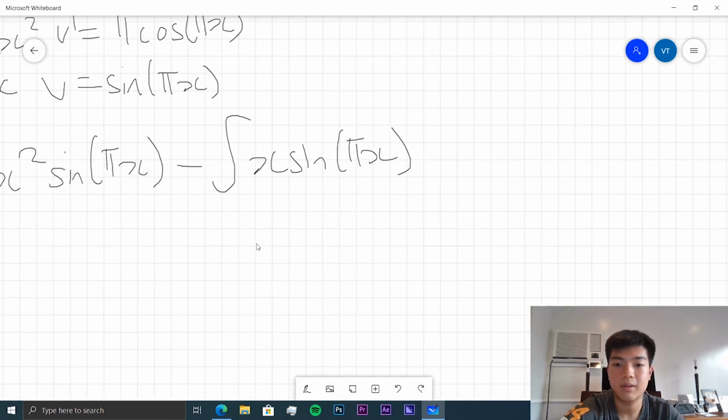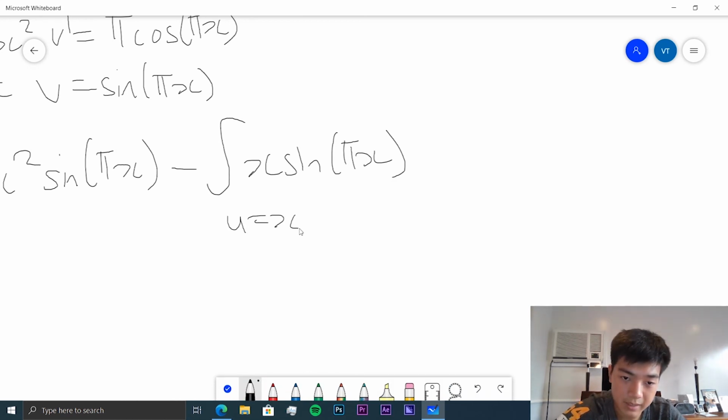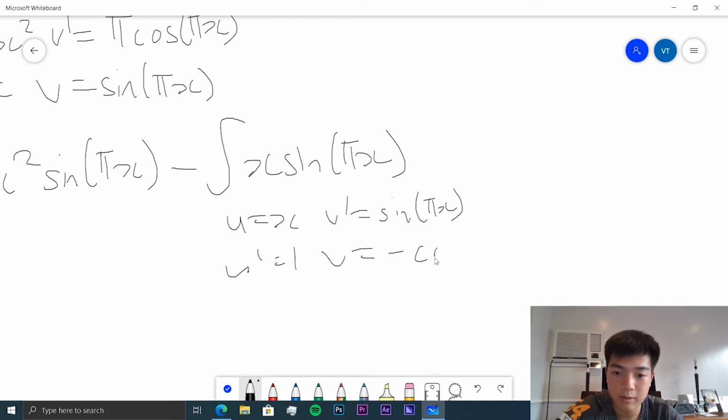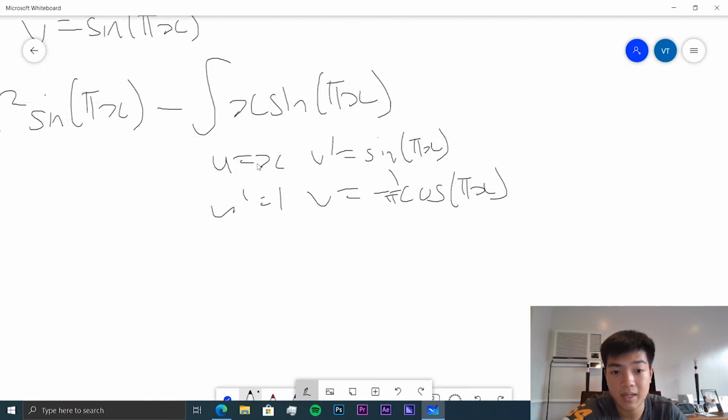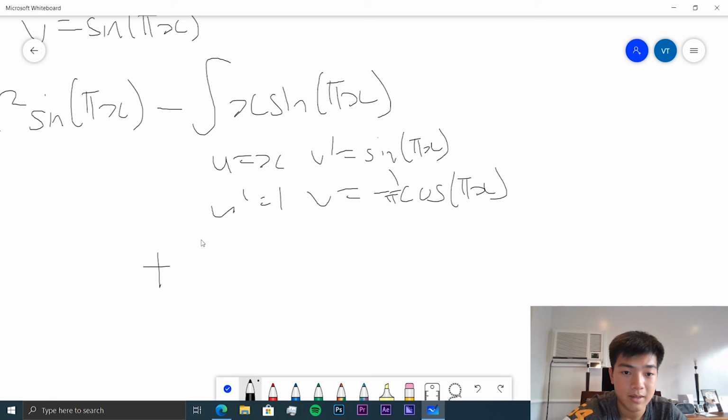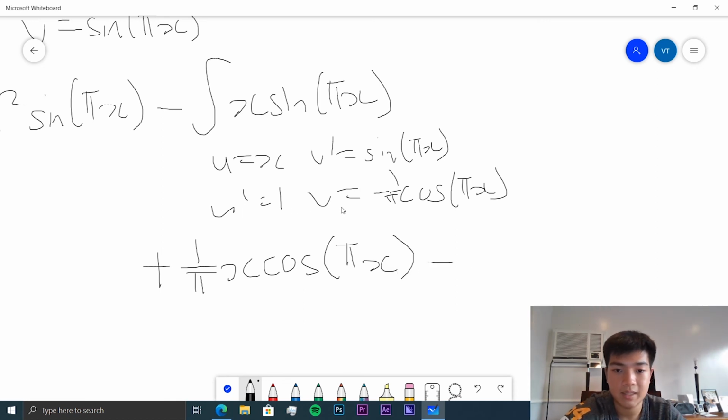So again, integration by parts. We have u is equal to x, u prime is equal to 1, v prime is equal to sine pi x, v is equal to negative 1 over pi cosine pi x. So we have minus uv, so that's plus 1 over pi times x cosine pi x, minus the integral of, in this case it's plus the integral overall of negative 1 over pi cosine pi x.